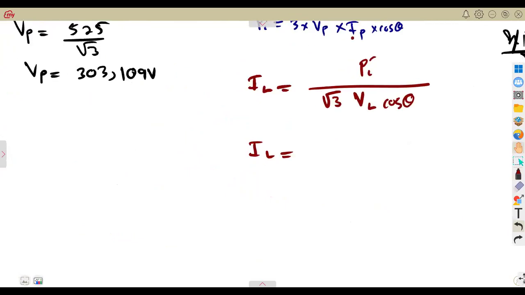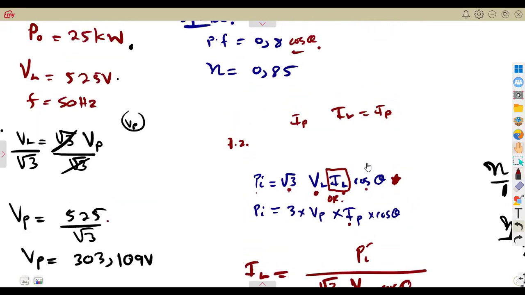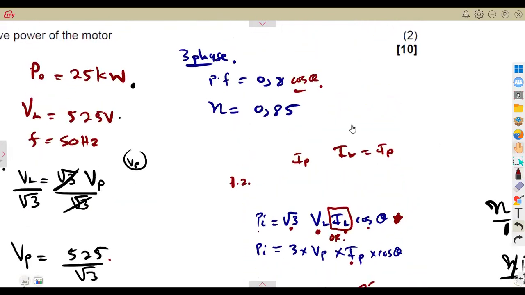So we substitute 29,411.765 divided by the square root of 3. Remember, we are under a 3 phase, so the square root of 3 is supposed to be there. Our line voltage was 525, times the cos of theta, which is our power factor of 0.8.